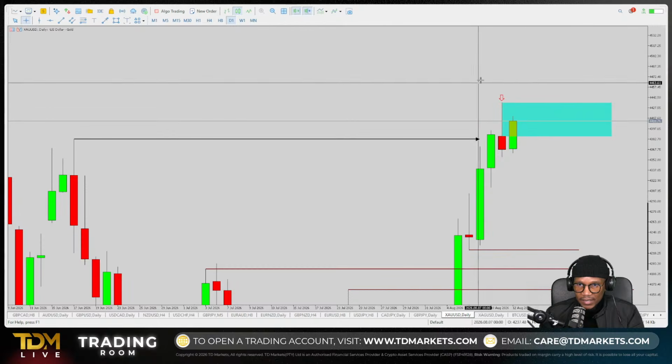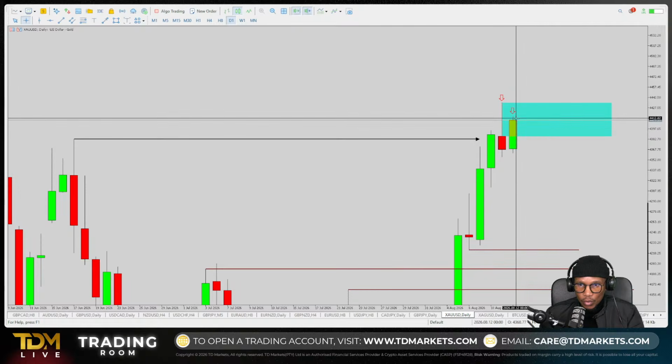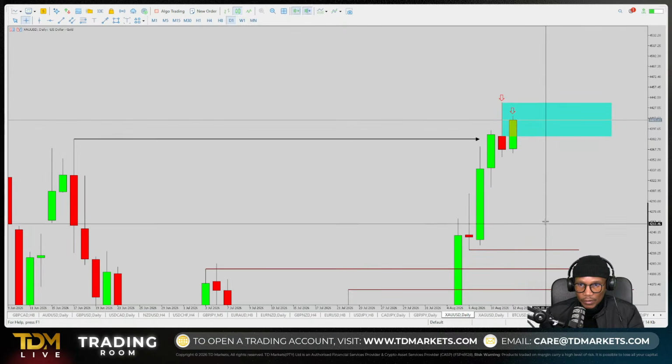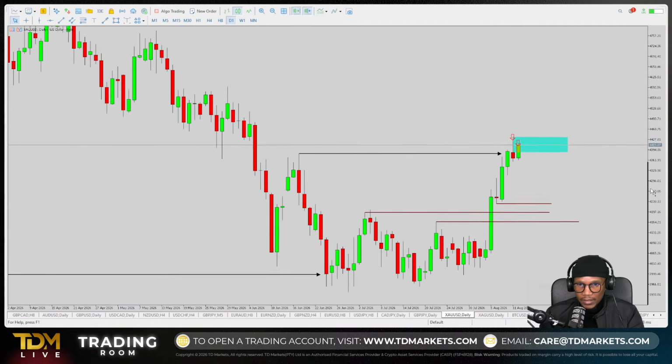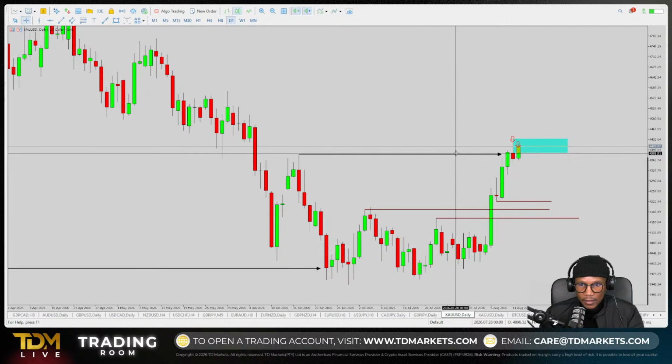If it does, it's going to give us a different scenario. So what we want now is for this candle to form a lower high. We already have the daily candle that closed like this. So now we're looking for the lower high, and from there we're going to look for setups. As it is right now, the market is pushing up. Remember where we are, right? We are on this high.